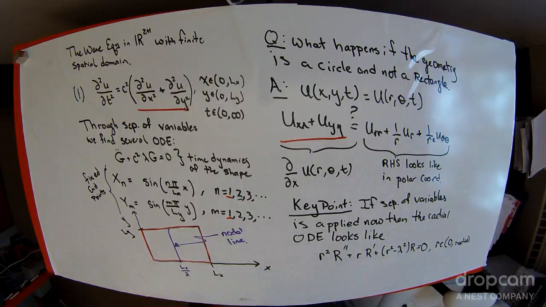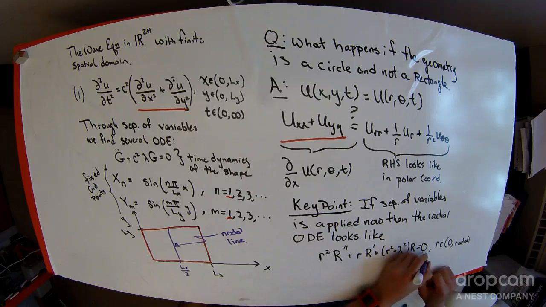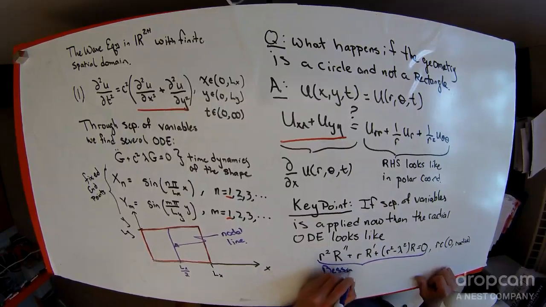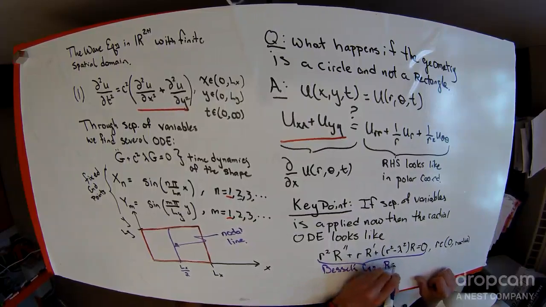This is an equation known as Bessel's equation, where capital R is a function of little r.